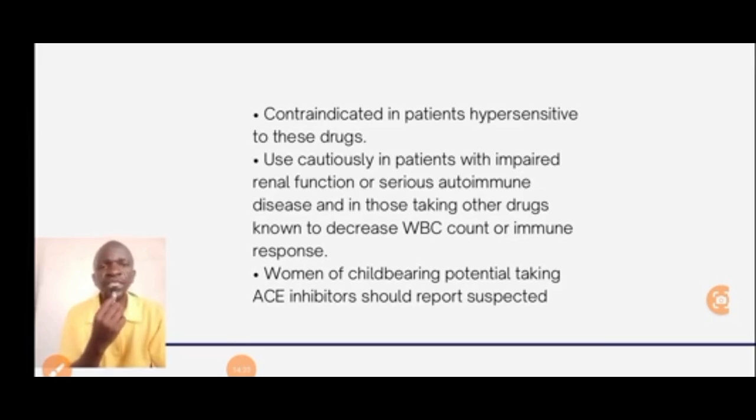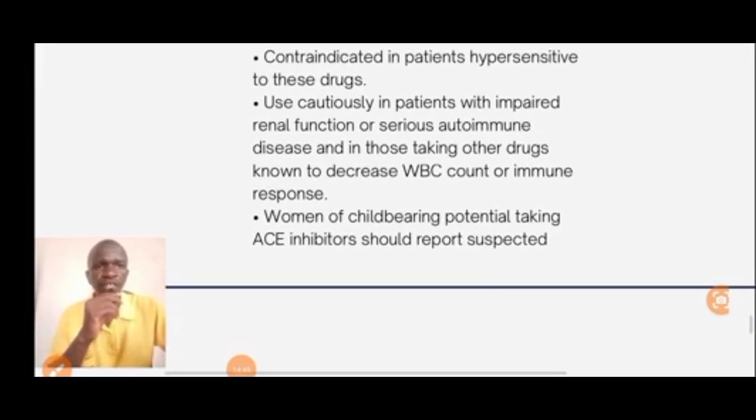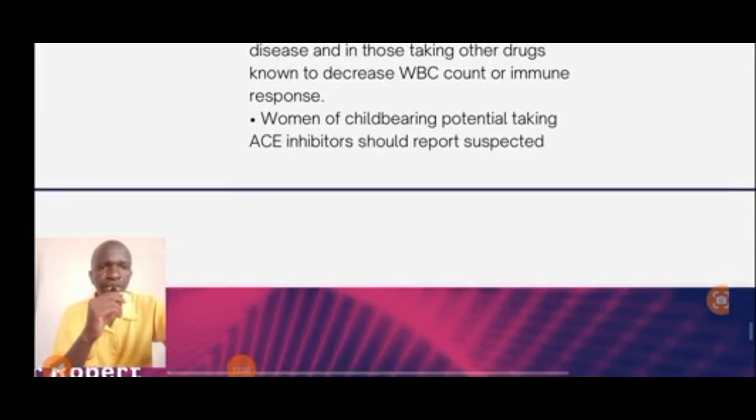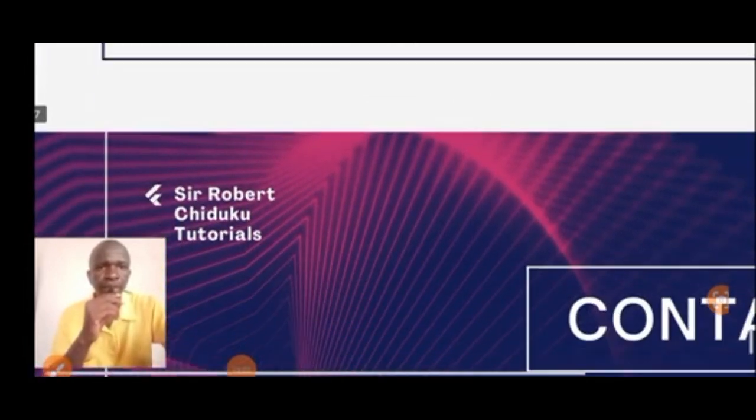Autoimmune diseases are conditions whereby the human body produces antibodies that fight its own tissues. For example, we have Hashimoto's disease, amongst others. Women of childbearing potential taking angiotensin converting enzyme inhibitors should report suspected pregnancy. So that's another contraindication as well.